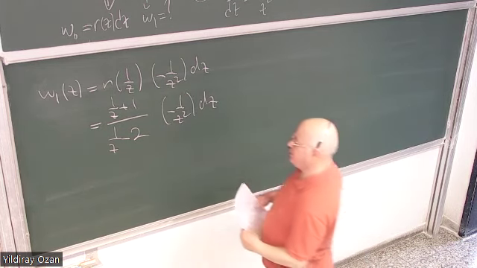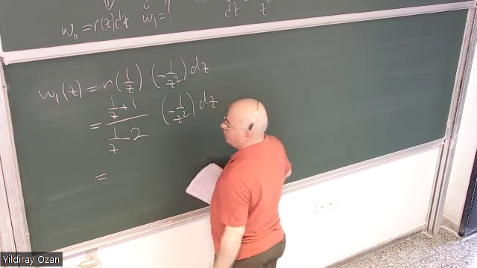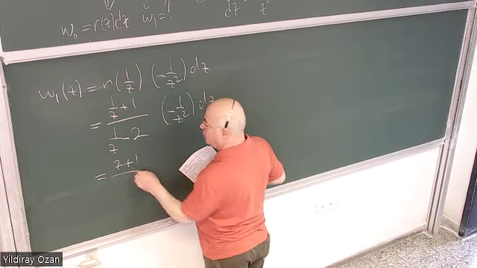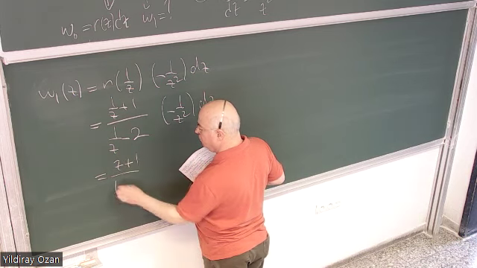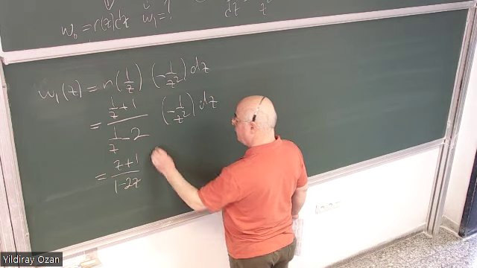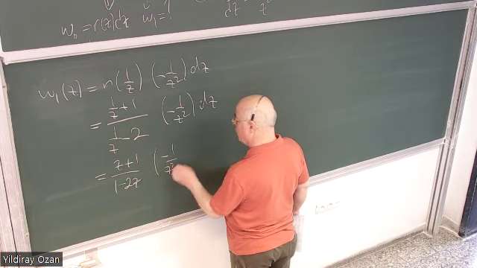So what is this? This is just Z plus 1 over 1 minus 2Z and then I have minus 1 over Z squared dz.